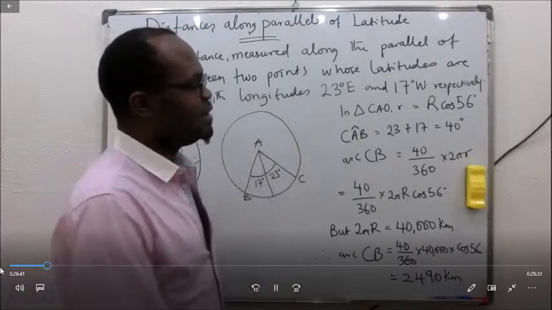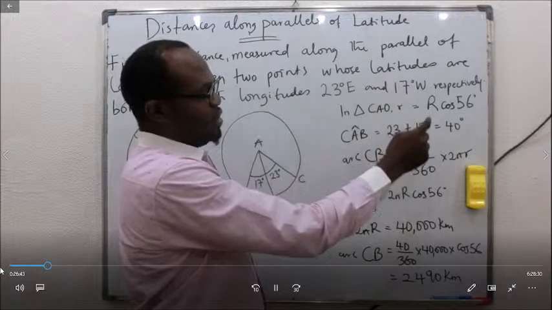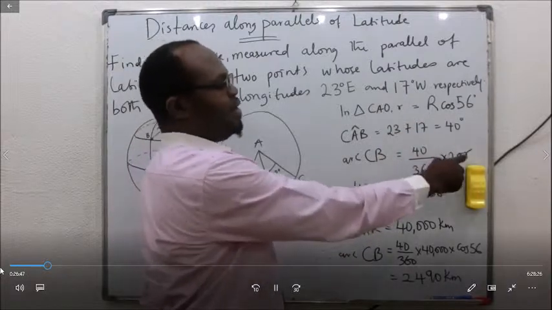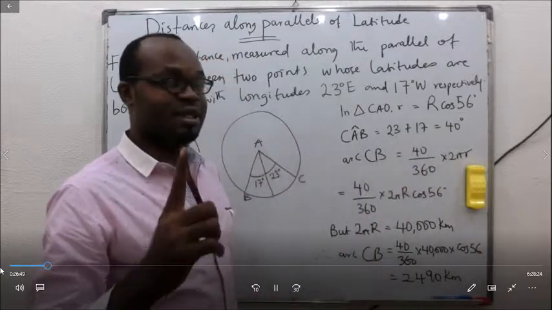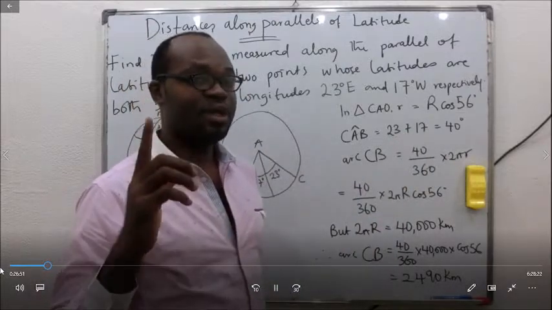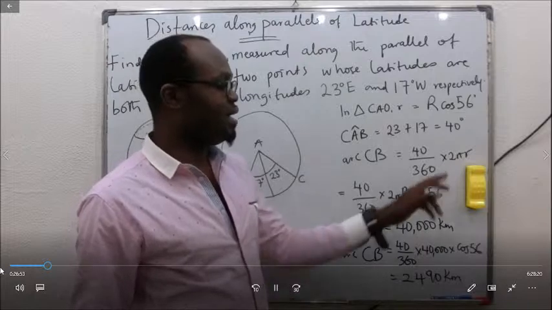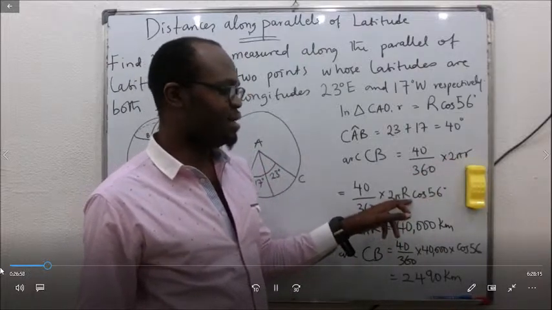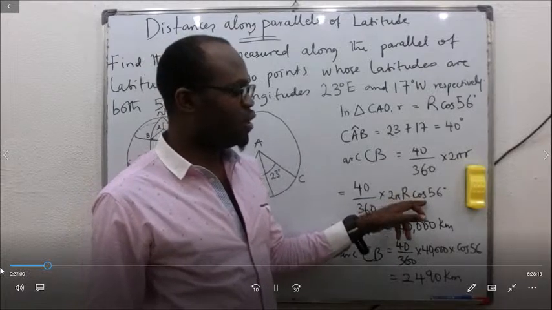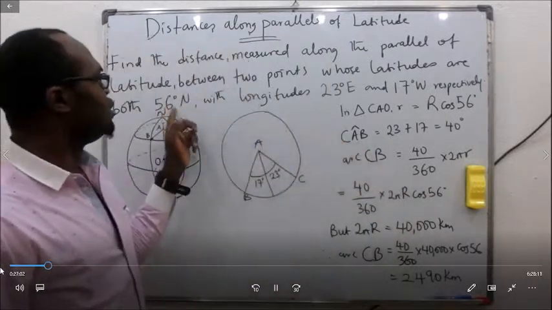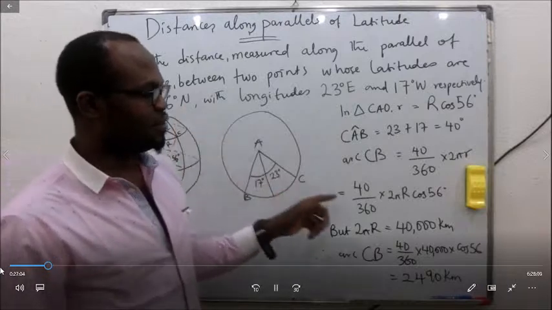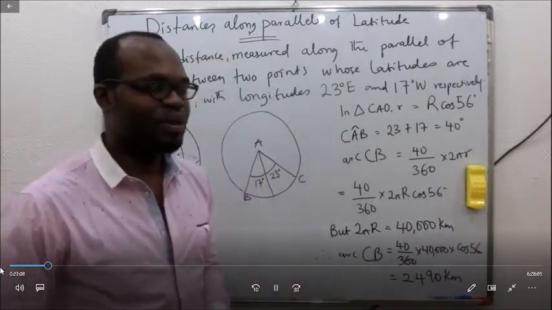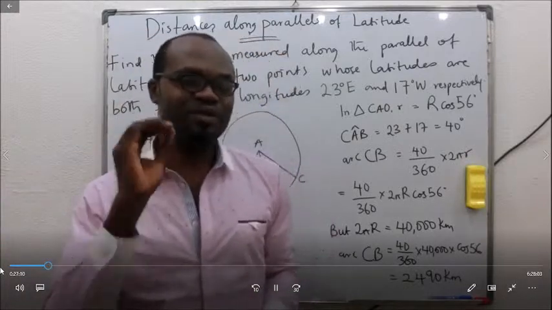It's still the same thing: get the difference in angle over 360 times 2 pi r. But instead of the big R as in the calculation for great circles, you now have small r, whose value is simply the big R cos the angle of the latitude. So once you fix that, you're going to get this.